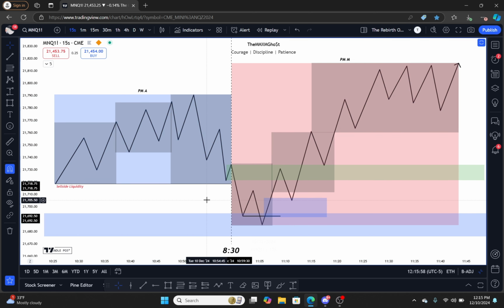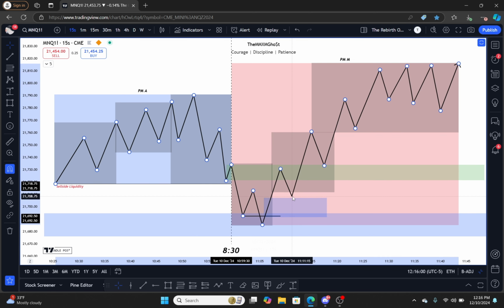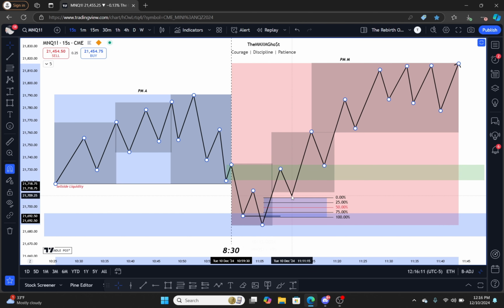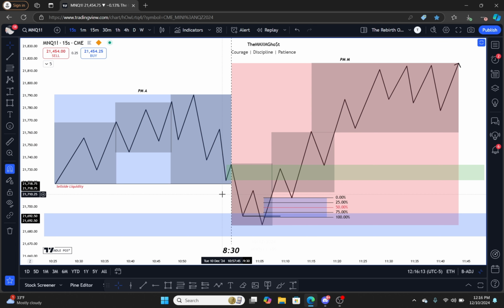Now inside of this institutional order flow entry drill, the ones that are higher probability are the ones that don't completely fill the fair value gap. So you can see the one from this morning bounced right off the top part of that institutional order flow entry drill, right? Or that BISI, the buy side imbalance, sell side inefficiency.